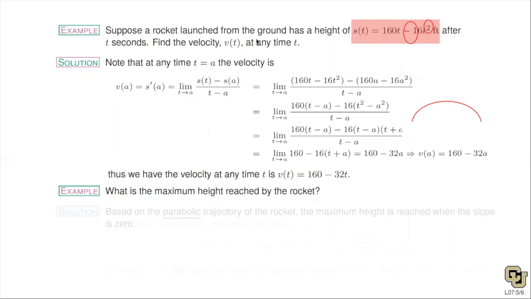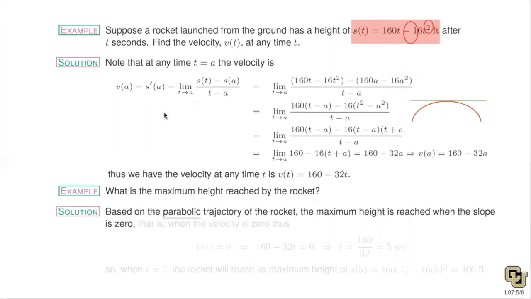You can see from the graph it'll reach its maximum height when the slope of the tangent line is 0. Here the curve represents position, so the slope is velocity. So because of the parabolic shape, it'll reach its maximum height when the velocity is 0.